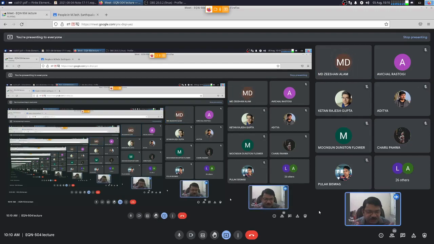Unsigned decimal starts from 0 and extends up to 2 raised to the power n, whatever number of bits you have. Right? So for example, for a 3-bit system, it will start from 0 and end up at 7. So 0, 1, 2, 3, 4, 5, 6, 7. These are the 8 possibilities, 2 raised to the power 3.